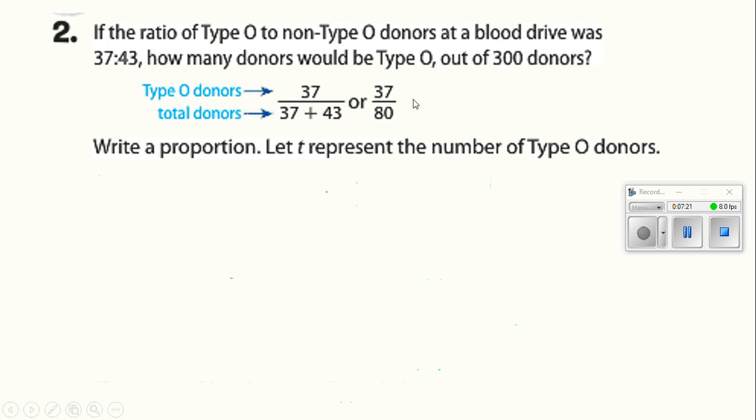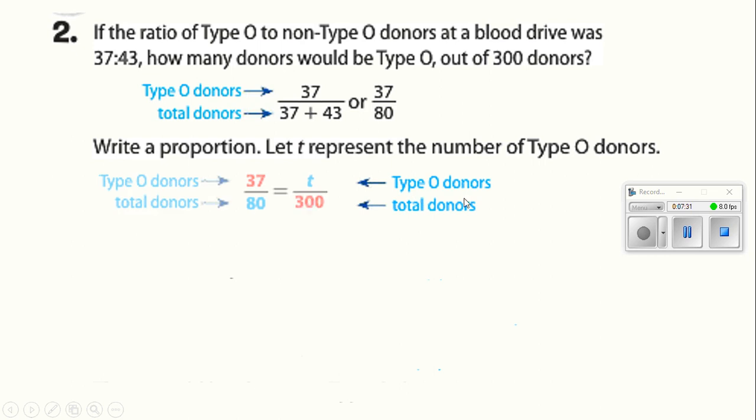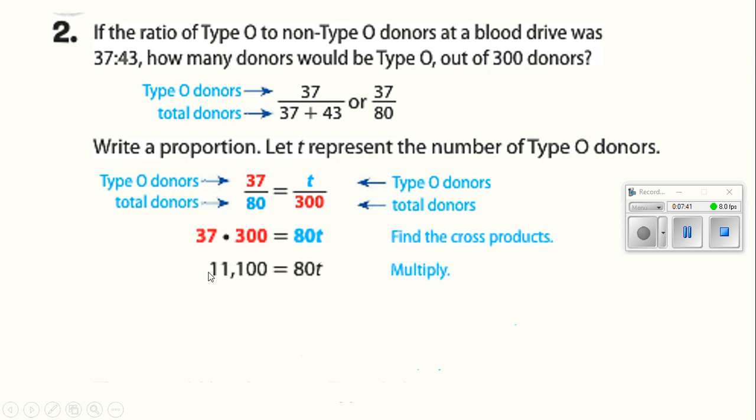Now, once again, we're talking about total donors over here, and we're trying to find out how many O donors will be out of 300 donors. Well, that means 300 will have to be on the bottom because it's our total donors. We cross multiply again, 37 times 300, and we know we're going to get 11,100 equals 80t.